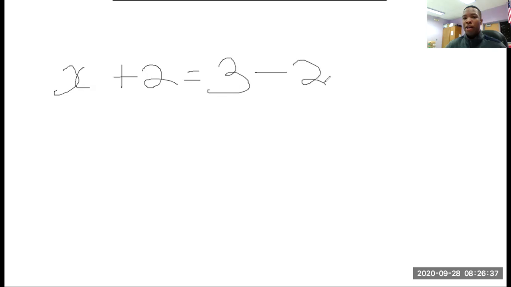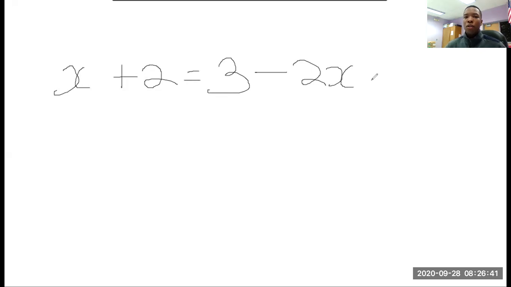Now we're going to add in the variable on both sides of the equation. So if I have x plus 2, literally what I just had, equals 3 minus 2x.